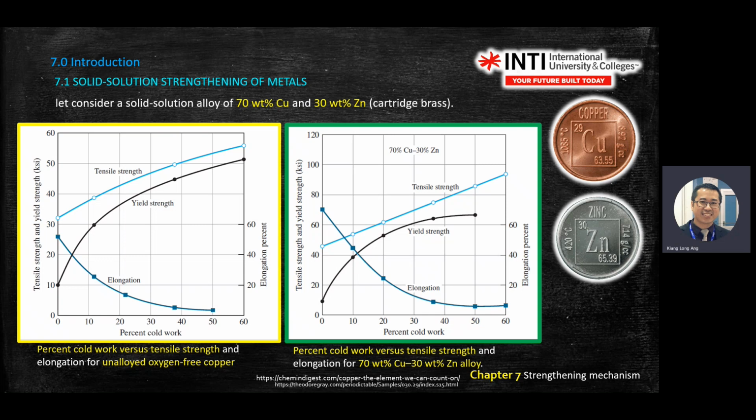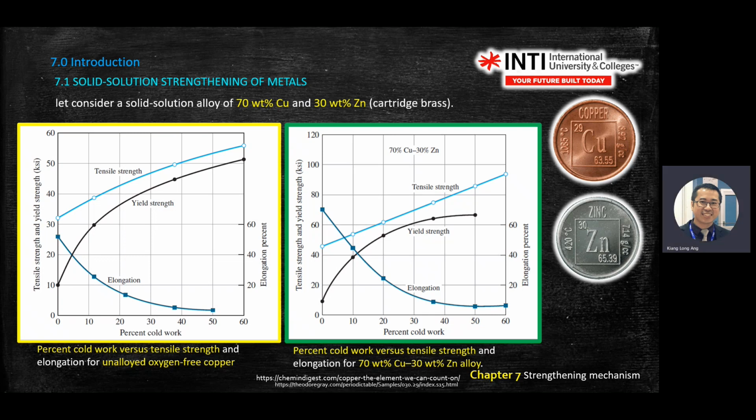Or in other words, let's say you want to fix the elongation at 80%. So 80% is here, then about here. So you move back to this line, and it is about 24% cold work. 24% cold work to get the same elongation.